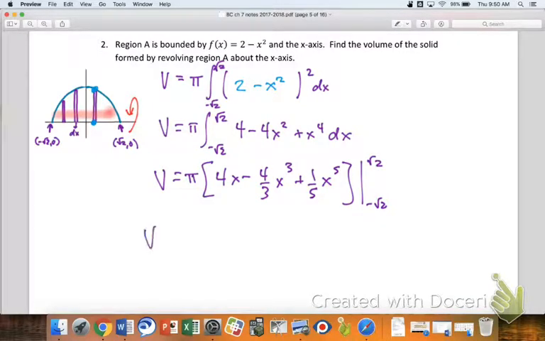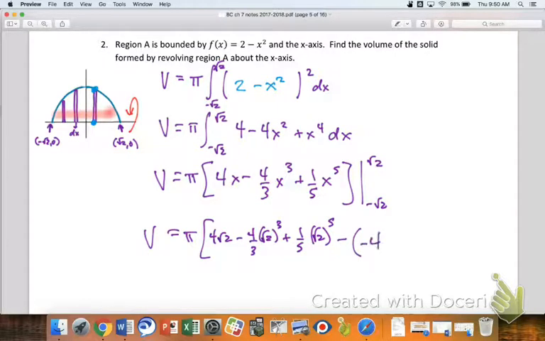And then we plug in, right? So the volume equals pi times 4 root 2 minus 4/3 root 2 quantity cubed plus 1/5 root 2 to the 5th, minus, and it's the same sort of thing over here.